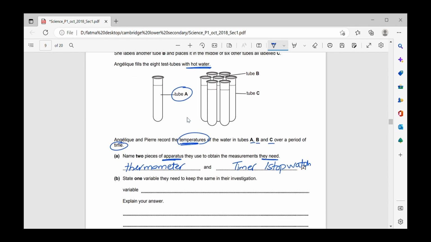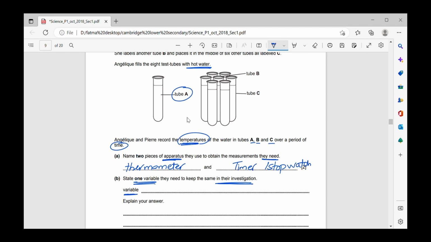State one variable they need to keep the same in their investigation. What's the variable that they need to keep the same in order to have a fair test to eliminate the effect of other variables? What could they do? If we look at the test tubes, we'll find that they should use what? They should use the same size tubes.